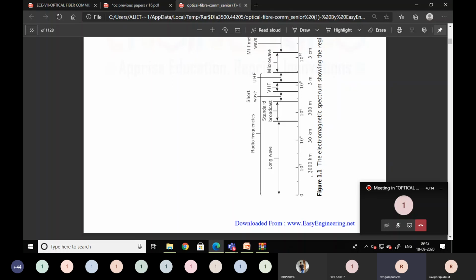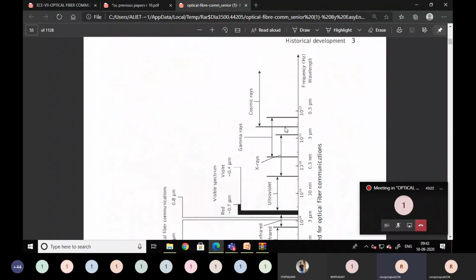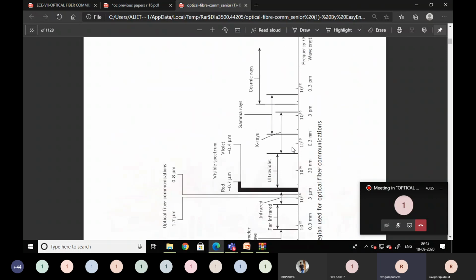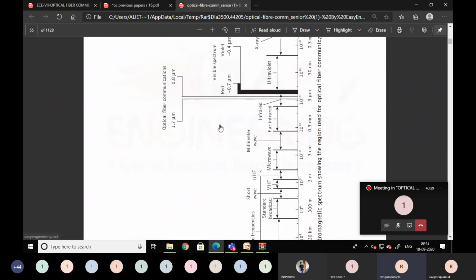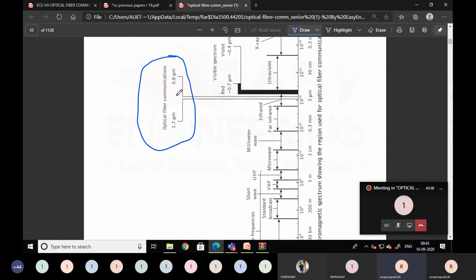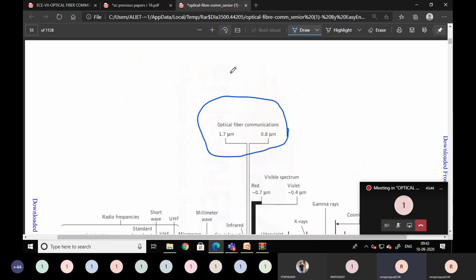This is 3000 kilometer, this is the length, and 10 power 3, 10 power 4, 10 power 5. These are all some frequencies, and in the same manner different wavelengths. This is the optical wavelength. This is the optical fiber wavelength, 1.7 micrometers to 0.8 micrometer. Okay, like that.